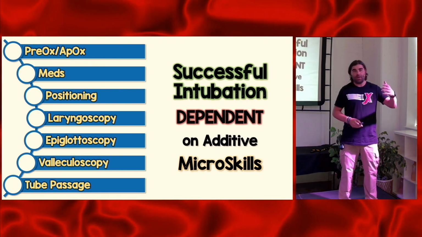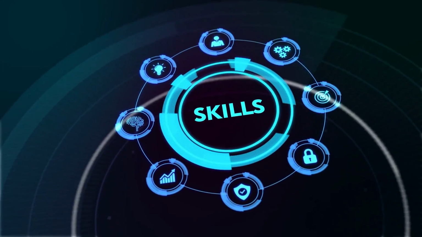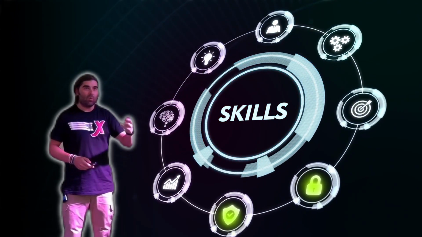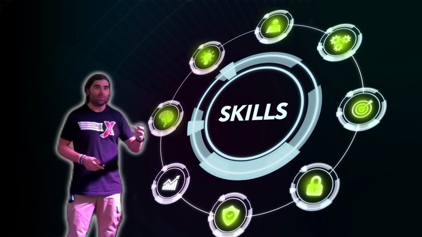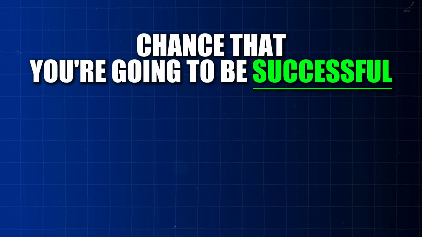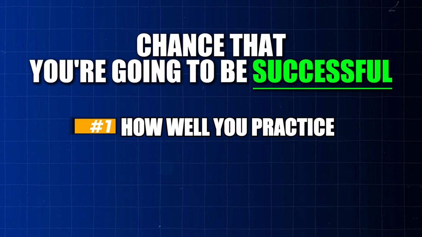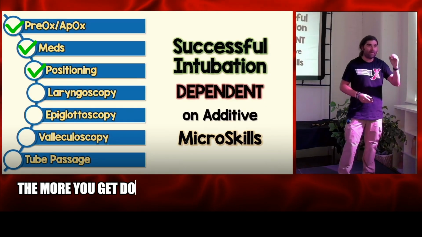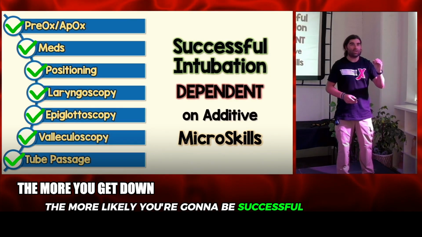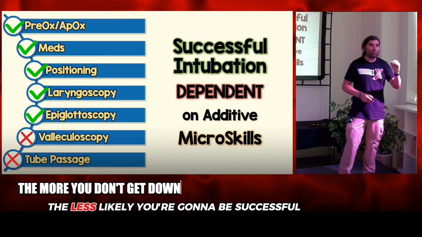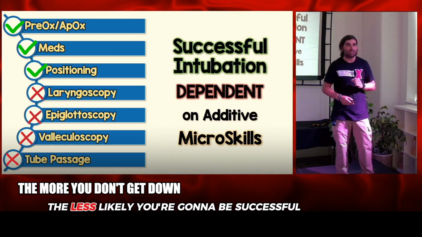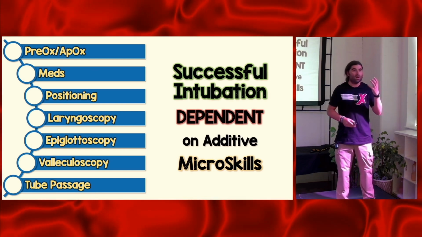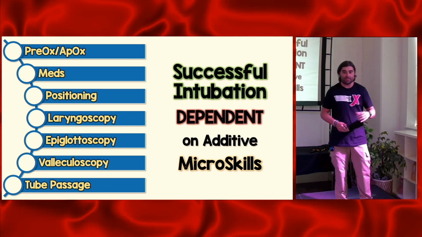If you think about any skill, any procedure, anything that you do in life, if you think about breaking it into its component parts and think of those as MicroSkills, the chance that you're going to be successful is how well you practice and how good you get at each of those components. The more of them you get down, the more likely you're going to be successful. The more of them you don't get down, the less likely you're going to be successful. And so I've tried to really break this down into the low-hanging fruits of intubating somebody like a boss successfully.